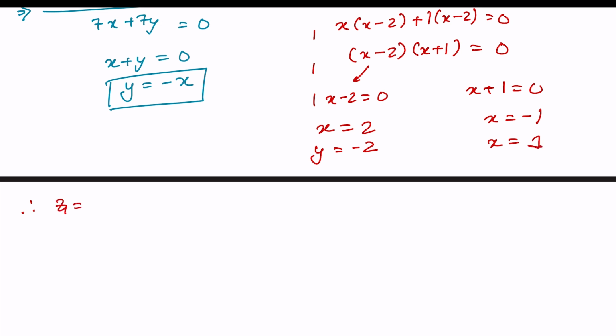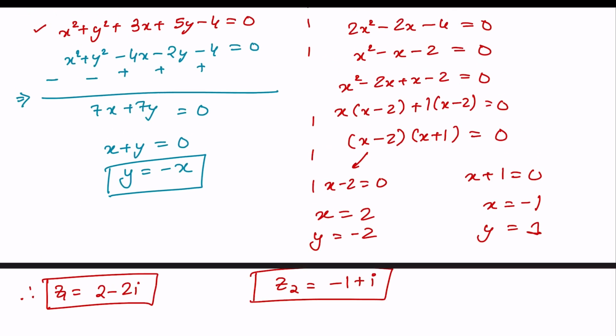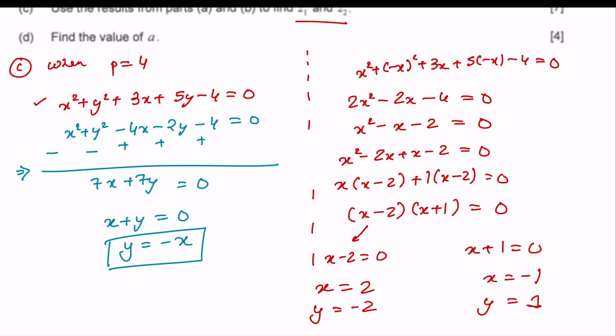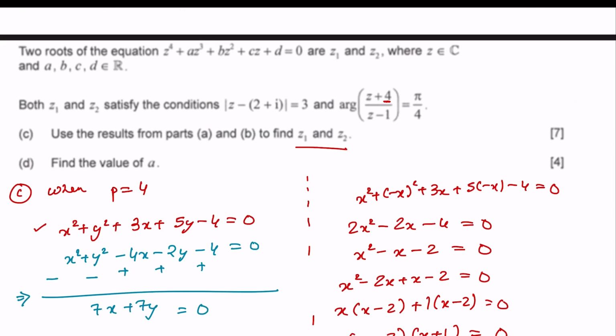So z1 will be 2 minus 2i, and z2 would be minus 1 plus i. These are the values of z1 and z2. And in the first part, we have to find z1 and z2 only, so that's it. Now coming to the second part, we have to find the value of a.